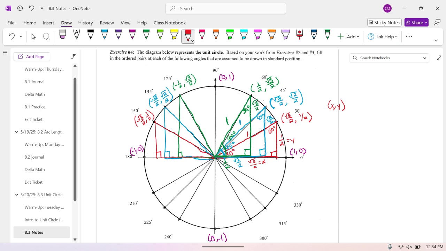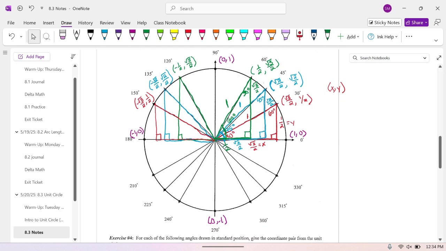So let's just finish the rest of this quickly. How far away is 210 from 180? 30 degrees. So we're going to use what color triangle? The red. So if it's 30 degrees away, that means this point will be what if we make it fit the origin?